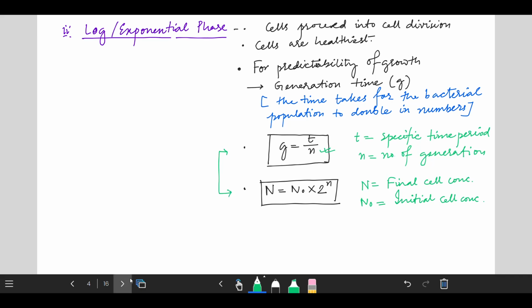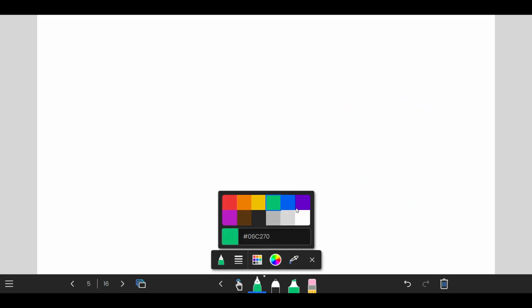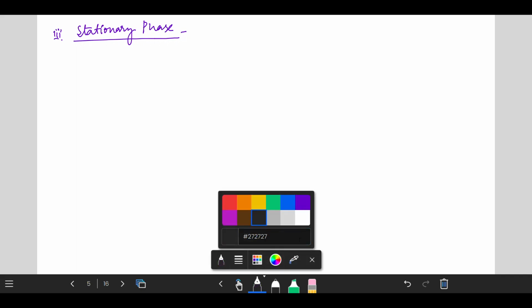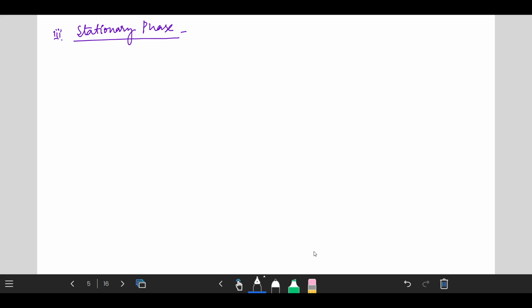Now, the next phase is the third phase, the stationary phase. What happens in this phase?